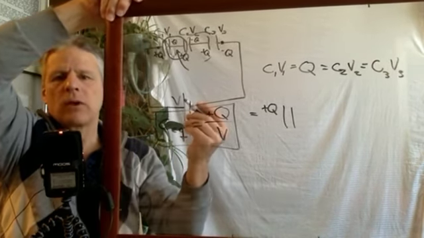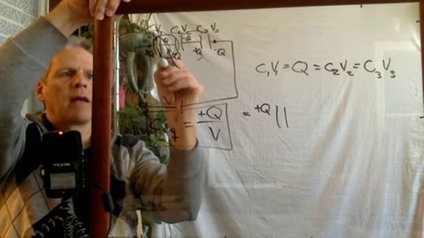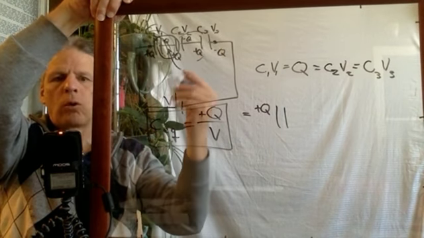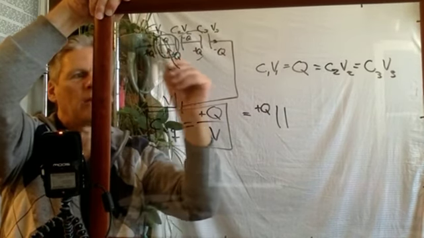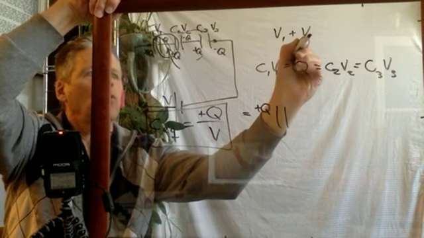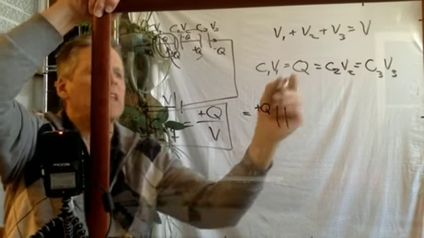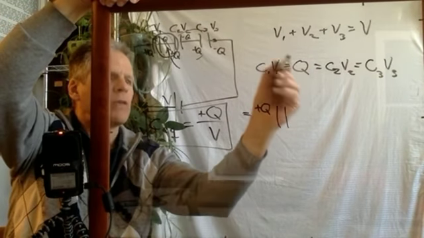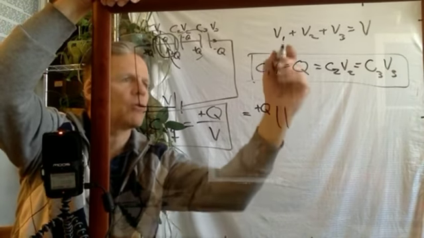So what other thing do we know? Well, once again from the very basics, the potential difference between here and here must total V. And we also know the potential difference between here and here is just V1 plus V2 plus V3, and we know that equals V. Well, what is V1, V2, and V3? Using this definition right here, we can substitute in for each of those.